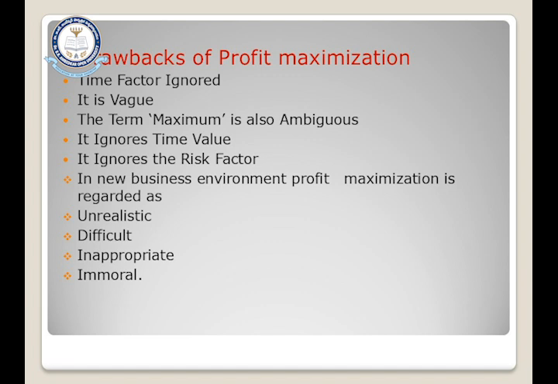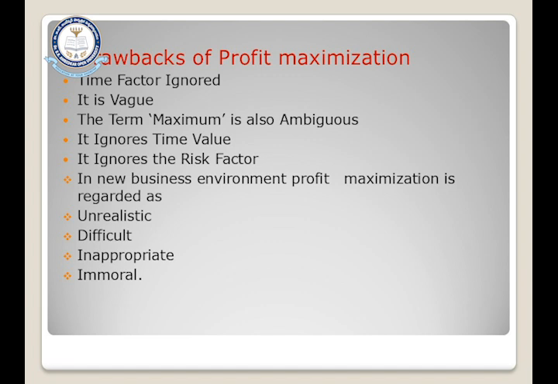So the time factor is ignored, and the term profit maximization is also very vague, because it does not mention what type of profit we are asking for, whether it is net profit, or net profit before tax or after tax. The term maximum is also ambiguous, because there is no upper limit or ceiling for maximum.